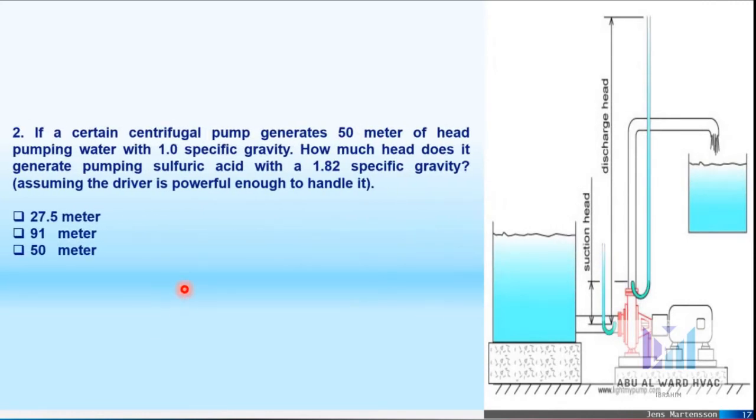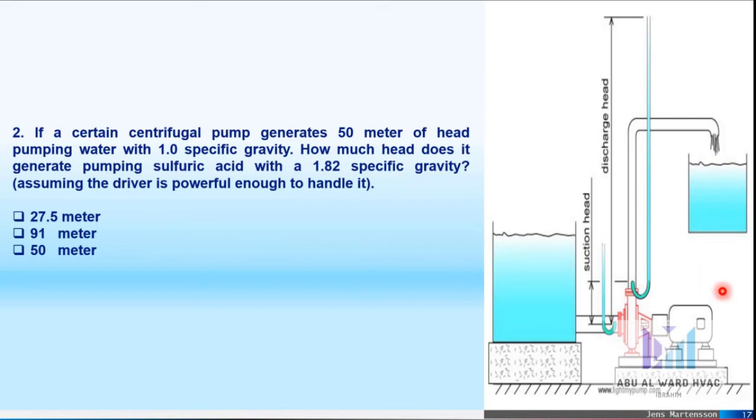What about this question? If a certain centrifugal pump generates 50 meters of head pumping water with one specific gravity, how much head does it generate pumping sulfuric acid with a 1.82 specific gravity, assuming the drive is powerful enough to handle it?